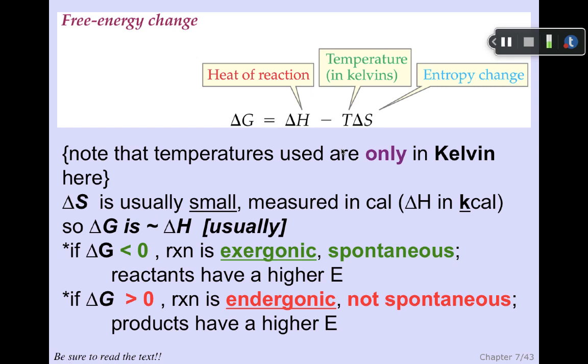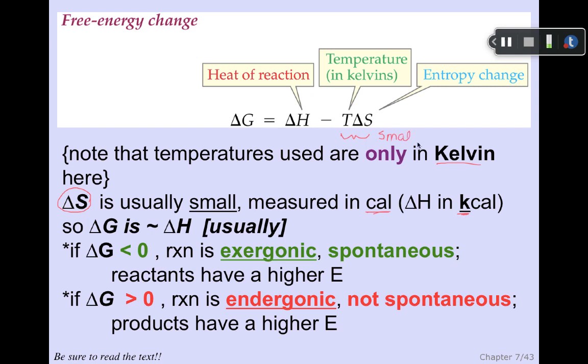So one of the things you have to remember for sure is that temperatures will always be in Kelvin, in other words, absolute temperatures, and that the units on delta S, the entropy change, are typically very small. They're going to be measured in calories, and values for delta H are generally much larger. They're going to be in kilocalories. So the value for T delta S in this equation is going to generally be small unless the temperature gets really big.